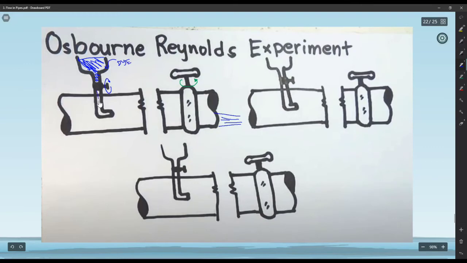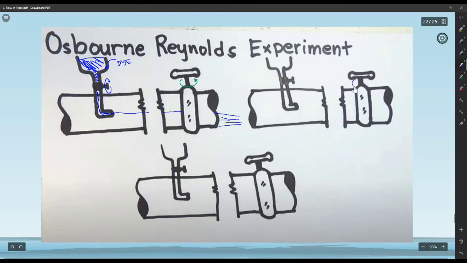para yung dye o yung kulay is unti-unti ring mag-discharge dito sa loob ng pipe. Ito is siya, embedded or nasa loob mismo siya ng pipe. So, ito is marirelease. So, since yung velocity mo is very slow pa lang or mabagal pa lang, makikita mo dito, diba nakita nyo doon sa video, straight path pa lang yung takbo ng dye doon sa loob ng iyong pipe.